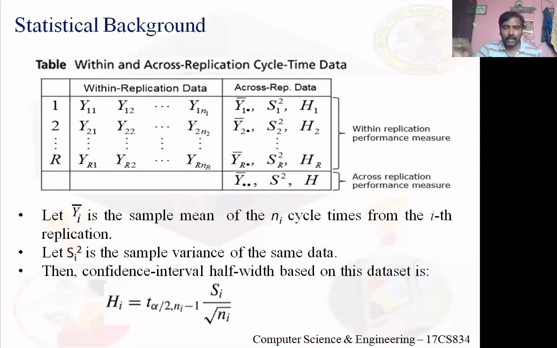Now, I need to compute theta cap, meaning the average response time or average cycle time of an individual run. Look at the third column, the across-replication data: Y1 bar, Y2 bar, up to YR bar.